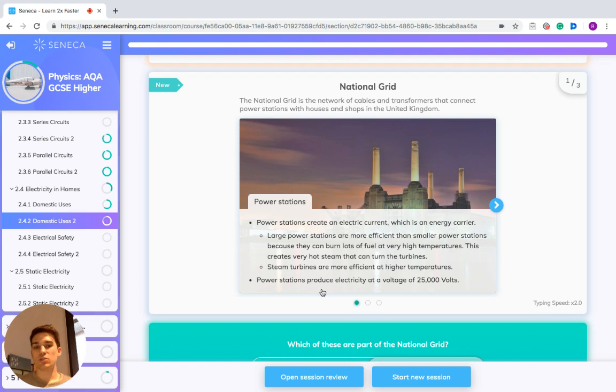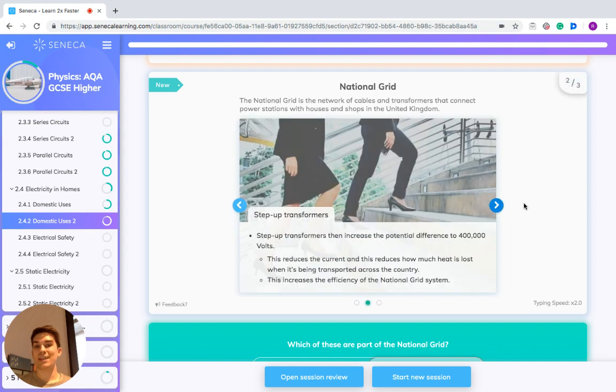Now, power stations produce electricity at a voltage of 25,000 volts, which obviously isn't that useful for your everyday appliances. So step-up transformers then increase that potential difference to 400,000 volts. That basically reduces the current, and this reduces how much heat is lost when it's being transported across the country.